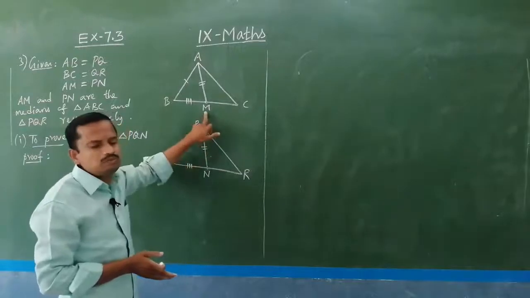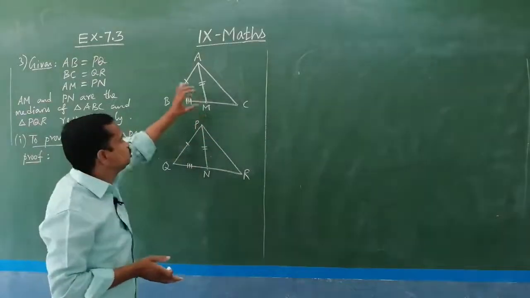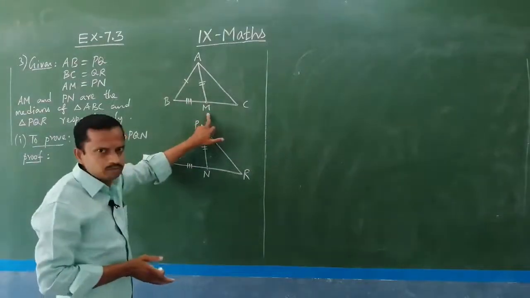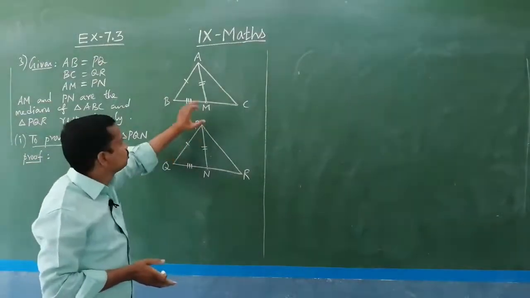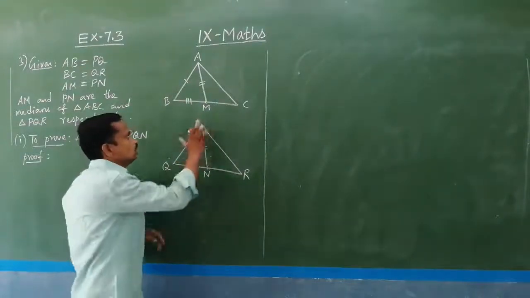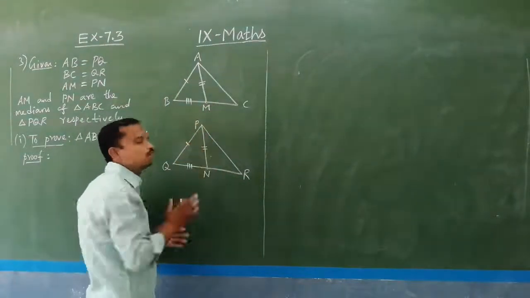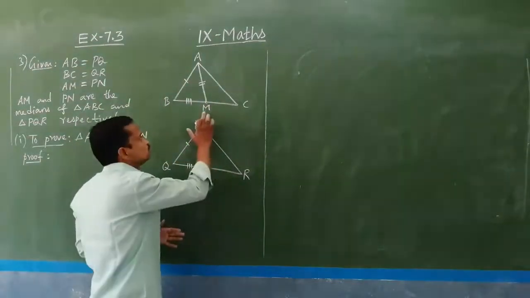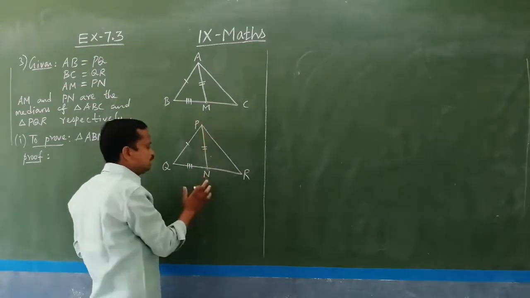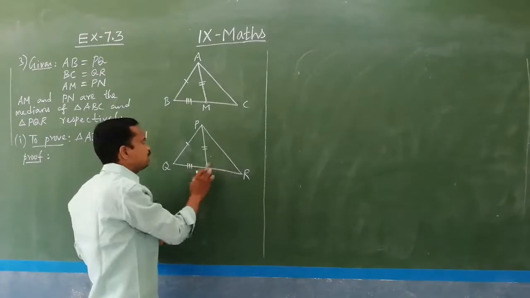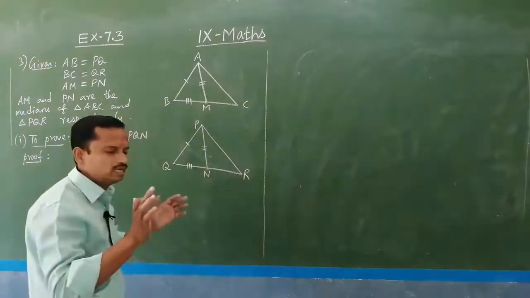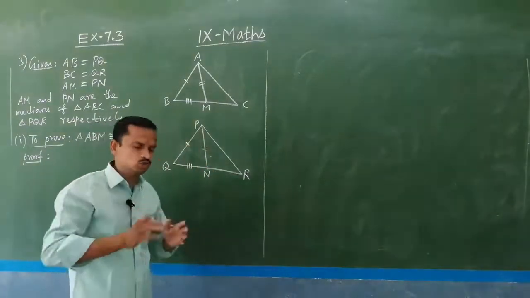BC, and M is the midpoint of BC, and if you join the vertex and the midpoint of the opposite side, then it is called median. So, AM is the median, therefore M is the midpoint of BC. So, M is the midpoint of BC and N is the midpoint of QR. Only if you join the midpoint and the vertex, you get a median. First of all, you should know what is median.